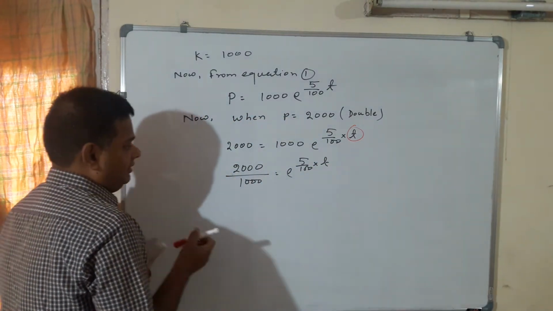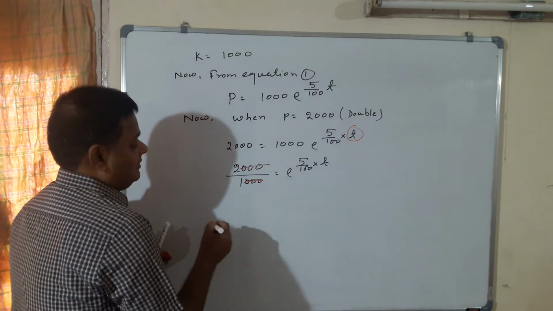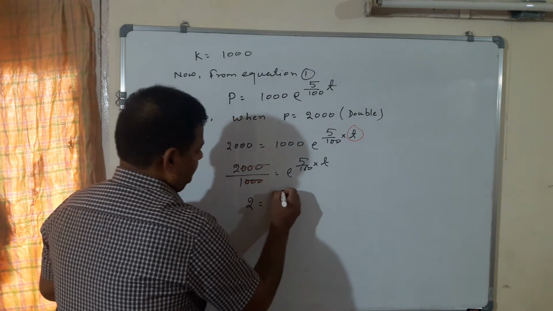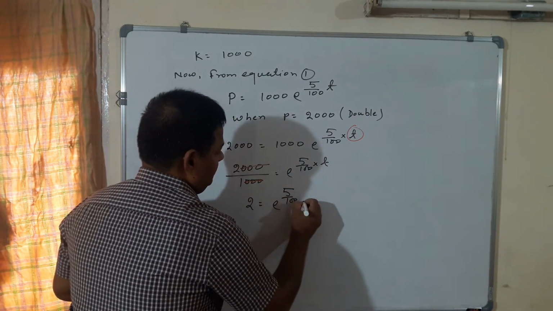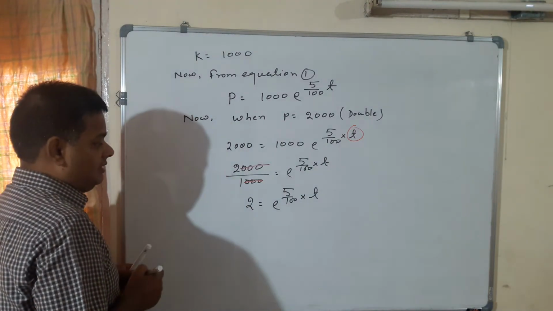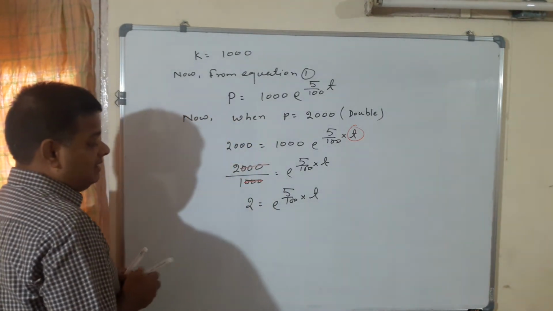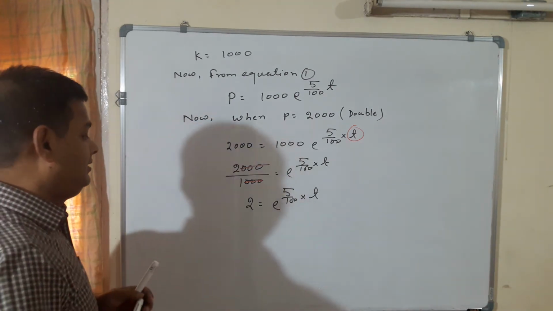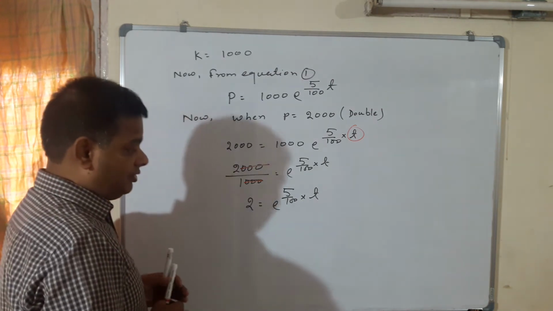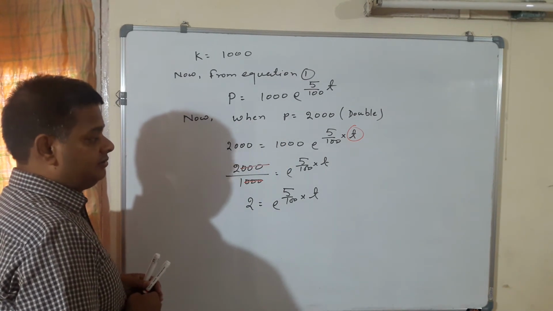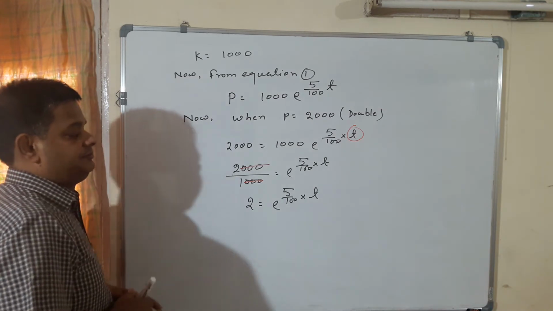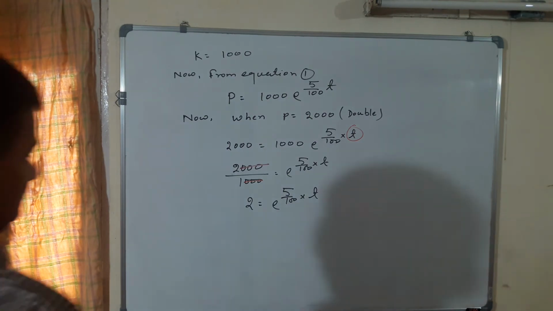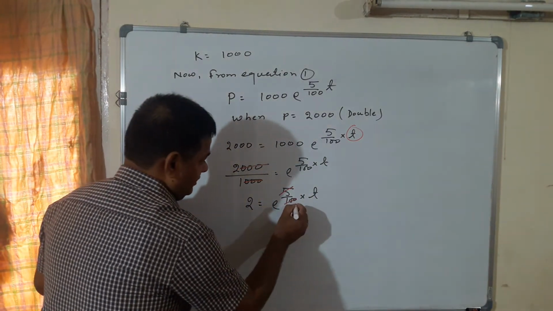So this cancels, and it is 2 equal to e raised to the power 5 by 100 t.